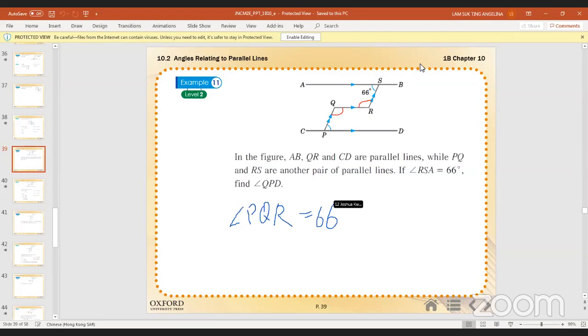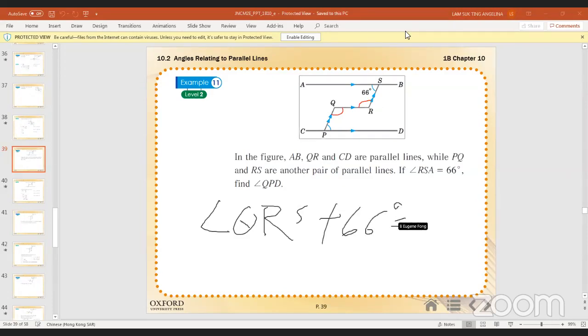We cannot write immediately angle PQR equals 66 degrees. This is the first angle you need to find. Find this one first, and then find this one.